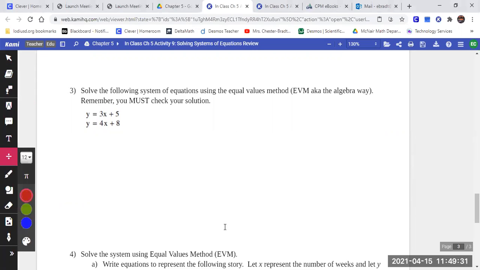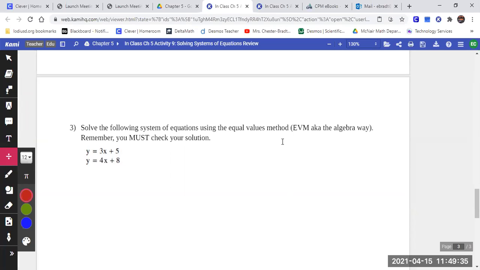We learned how to do this equal values method, EVM, but then everybody got their heads stuck on graphing and tables. They wasted a whole bunch of time 2 days ago on the second part of their homework because they didn't bother to read the instructions. So you're not going to get full credit if you're not following instructions.